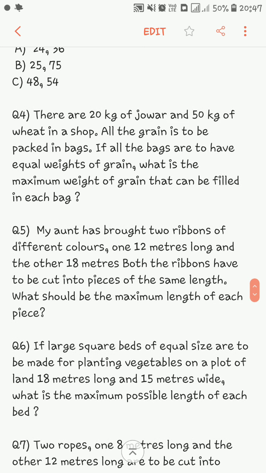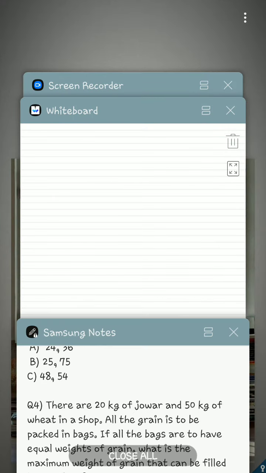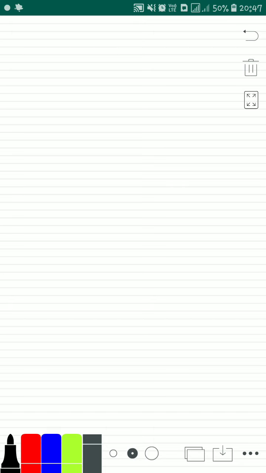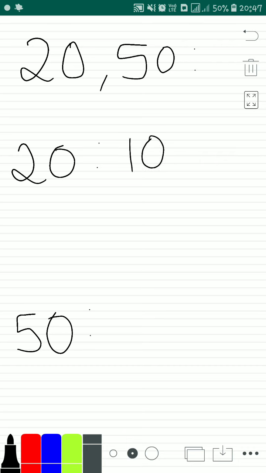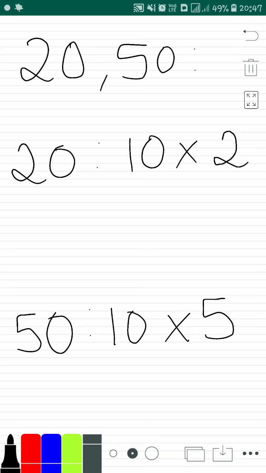Let us do question number 4, which says 20 kg of jawar and 50 kg of wheat. We have 20 and 50. Let's find the HCF. The common multiple in both is going to be 10. Let's multiply now. 10 2s will give you 20. 10 5s will give you 50.